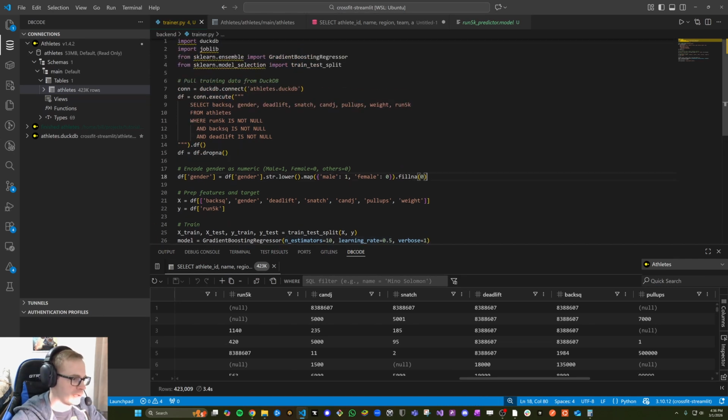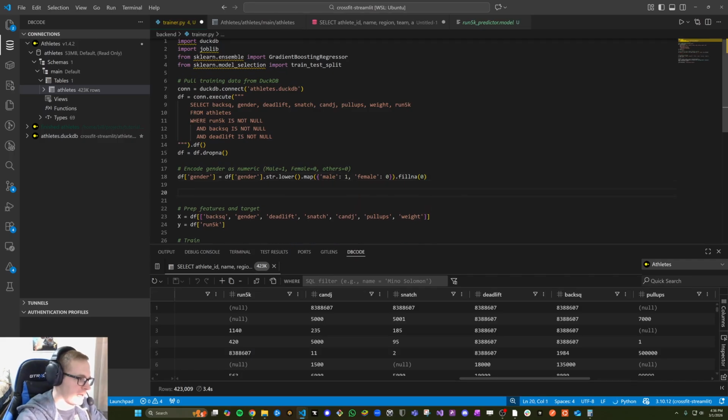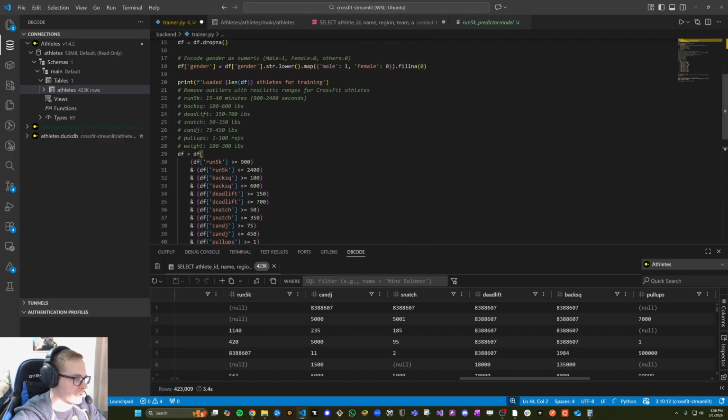So what we're going to do is come down here, and this code is basically going to look at just some outliers, limiting the data frame to only be numbers that are actually feasible. So for deadlift, I don't want anyone under 150 pounds, and I don't want anyone who does over 700 pounds.